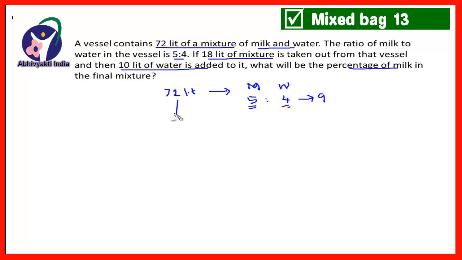So in 72 liters of mixture, first we will find how much milk is there and how much water is there. So 72 divided by 9, that is the 9 equal parts, multiplied by 5 parts of milk. 9 8s are 72, so 8 into 5 will be 40 liters. So milk is 40 liters.